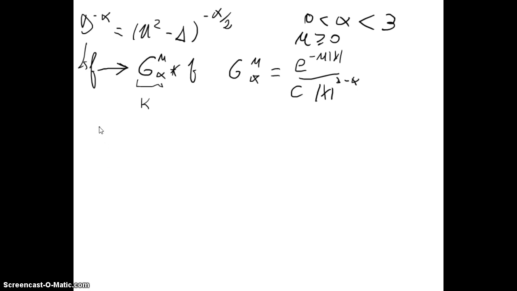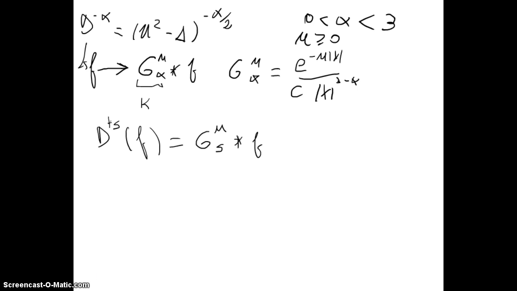So if I have D^s of f, then this can be represented by g_mu. Well, in this case, if we put minus s, then we would have s here and the convolution with f.